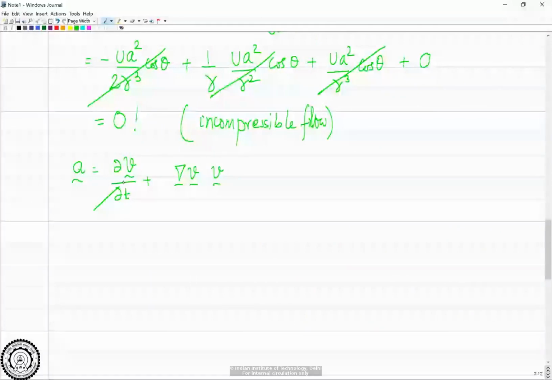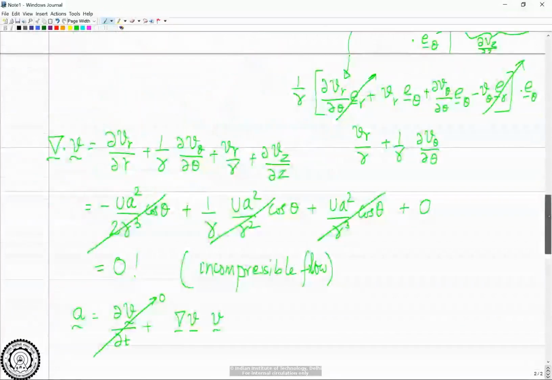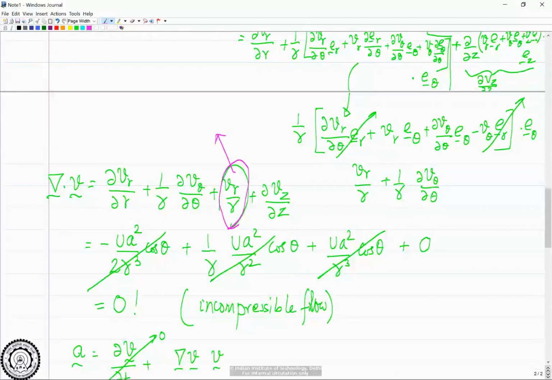So we have to find out gradient of V. Now taking the gradient in cylindrical coordinate system is again not easy for the same reason that you just saw, that when you took the divergence, you got an extra term. Do you see that? If it were divergence in the Cartesian coordinate system, you would only have this, this, and this. But here you have an extra term.